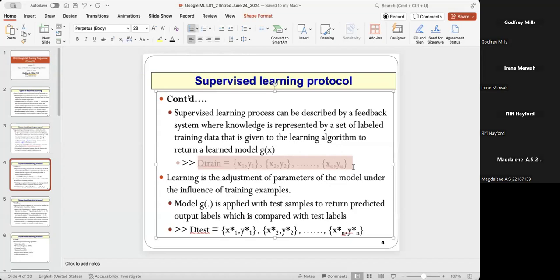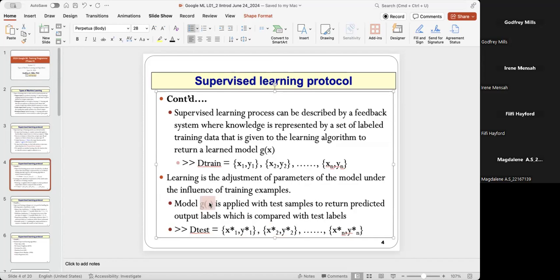Then we have another data set, which we call the test data set. After the relationship has been learned between the input and output from that sample that we give to the algorithm, the algorithm will give us our model, which we call our G. That is our model.